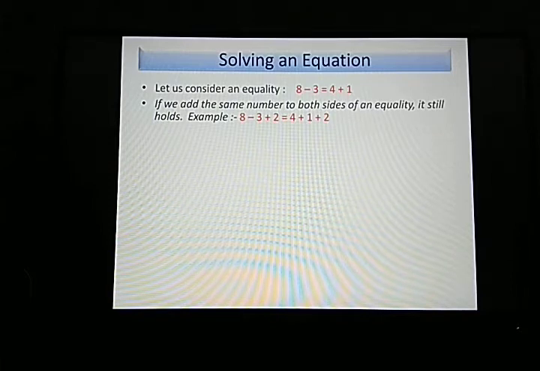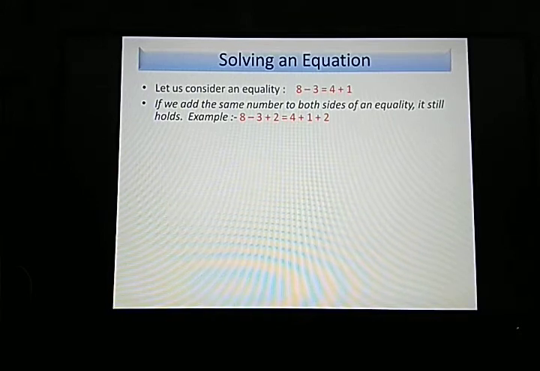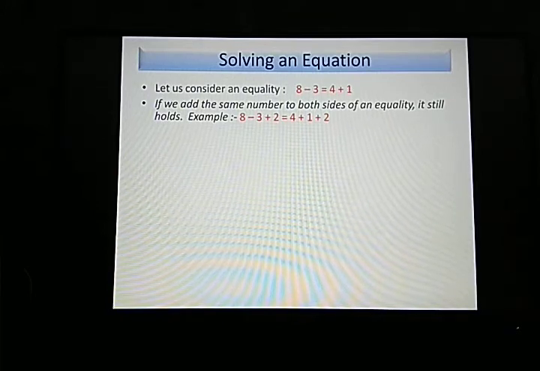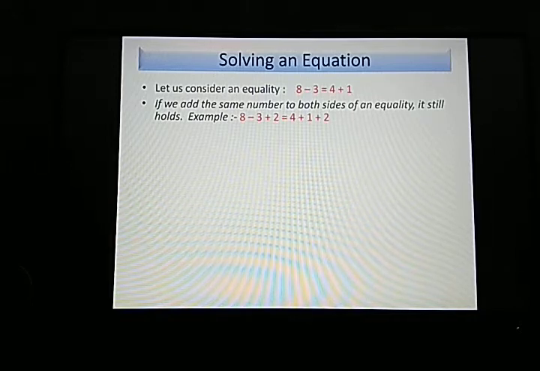Say for example, here in this case we have added the number 2 on both the sides of the equality. So the value still remains the same. So what will be the value here? 8 minus 3 already we have found out, that is 5. And then we add 2 to it, it will give us 7. Similarly, 4 plus 1 we know it is 5, and if we add again 2 to it, will give us 7.